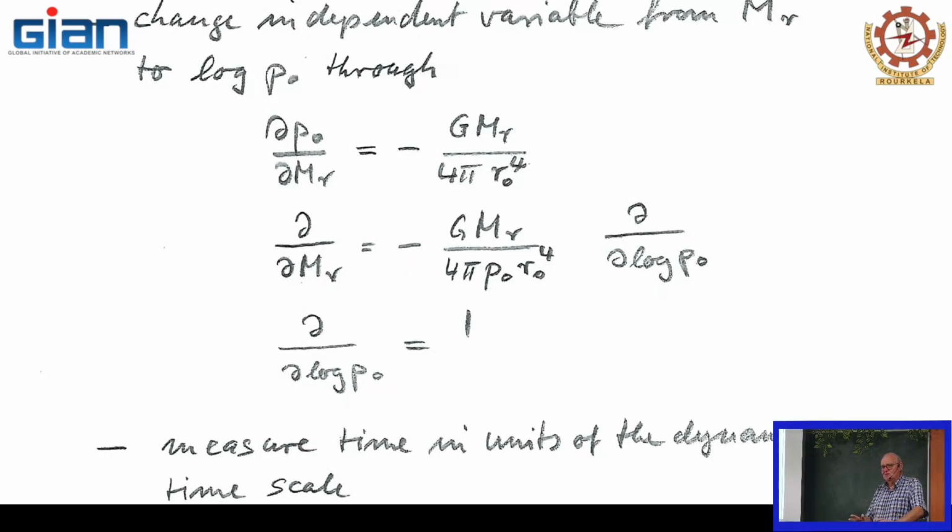Dynamical time scale means the star is expected to follow the period density relation, so normalizing periods by the period density relation would be an equivalent way to formulate measuring times in units of the dynamical timescale.